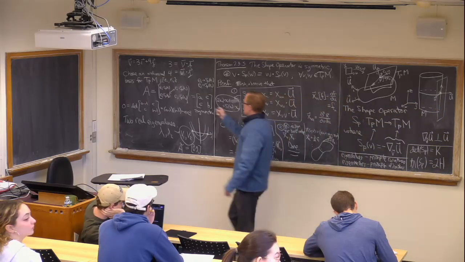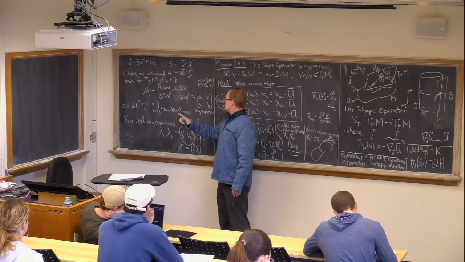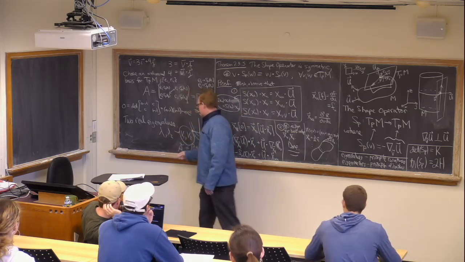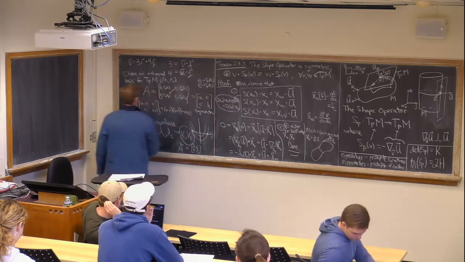We all remember that if you have a symmetric matrix, you typically get two distinct eigenvalues, and then you can prove that the eigenvectors are perpendicular. That's a standard fact, by the way.